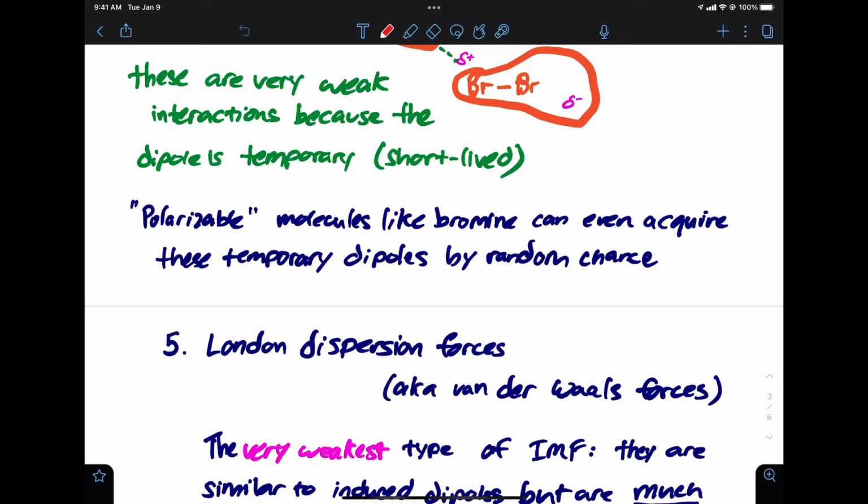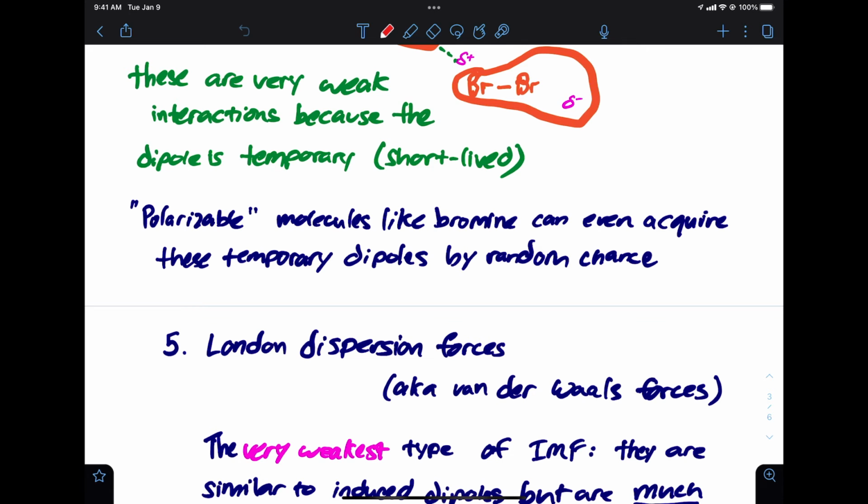A little bit of one side with more electron density, one side with a little bit less electron density. And even that temporary dipole can induce dipoles on the neighbor. So it can be induced by a permanent charge like a dipole or a cation or an anion, but also by just random movement of electrons.